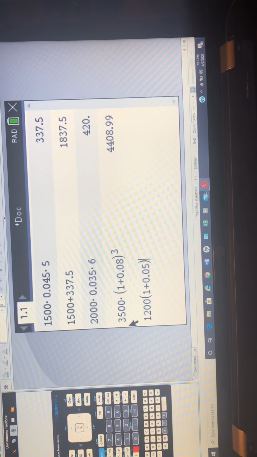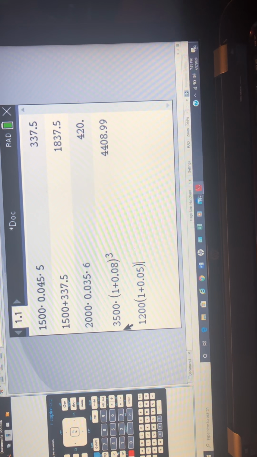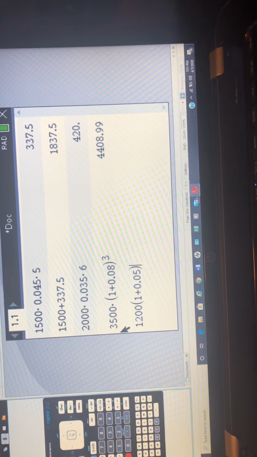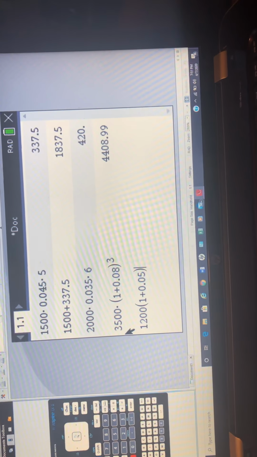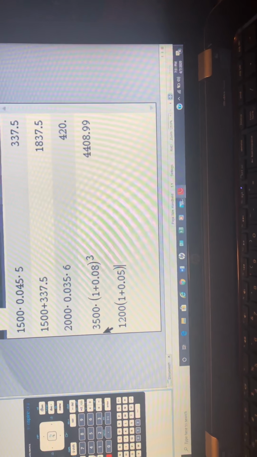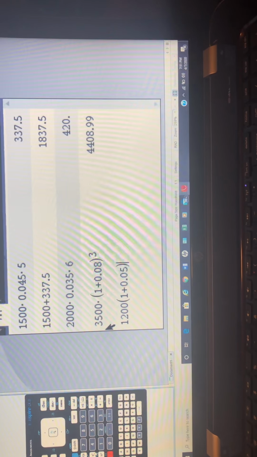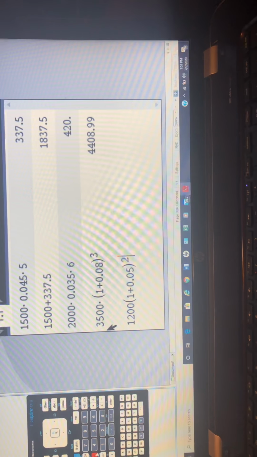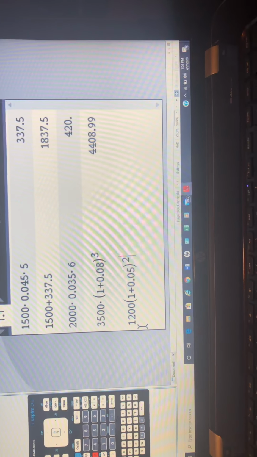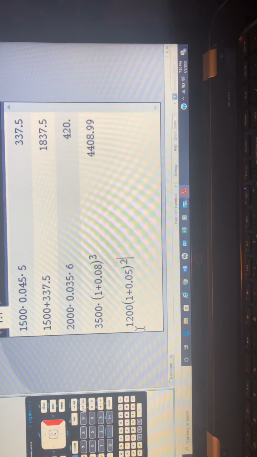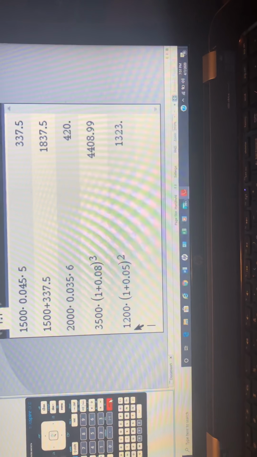Close my parentheses, and I'm going to raise that, so it's going to be squared. If it's anything other than a 2, you have to raise it. Because it's to the second power, you don't have to raise it. And I'm going to click on my x squared here, and it's going to go ahead and put in my 2. Okay? And now, hit enter.